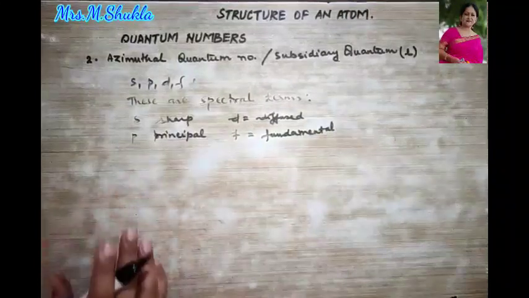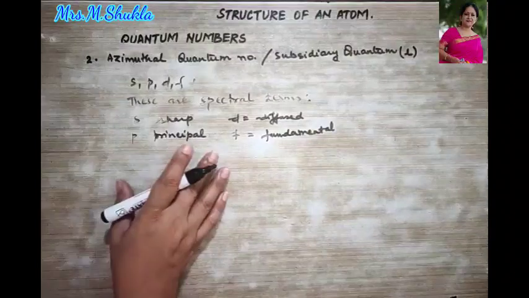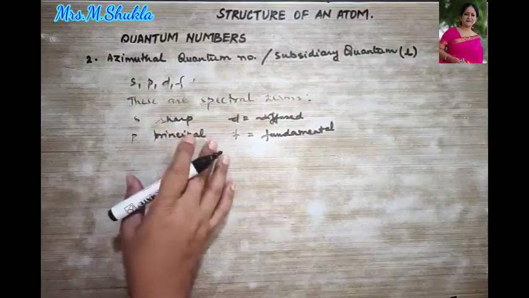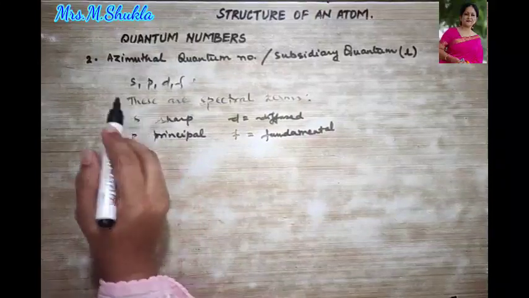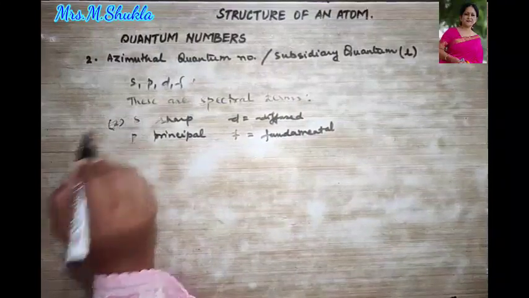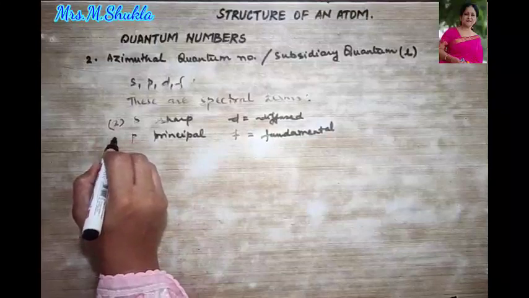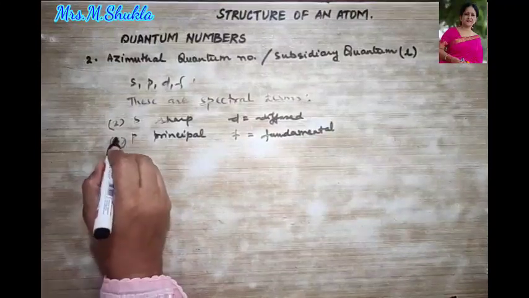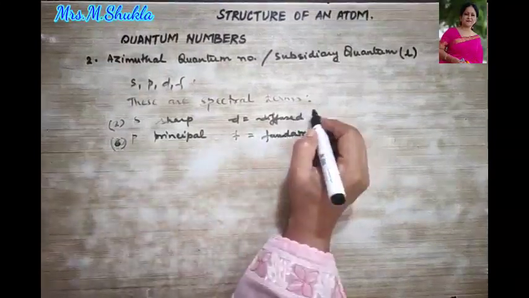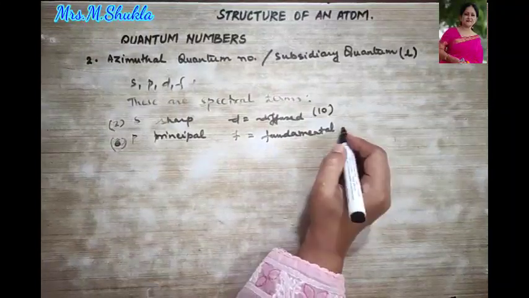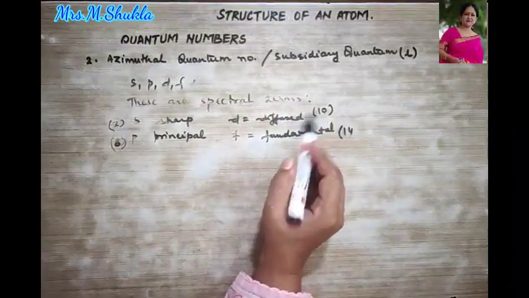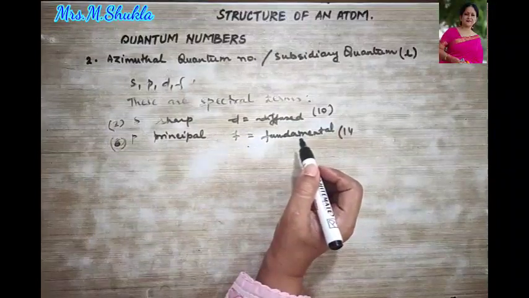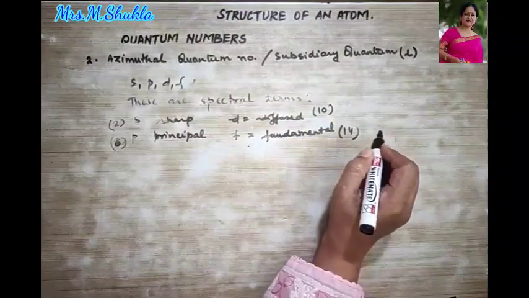Okay, so the maximum number of electrons that can be accommodated in the s, p, d and f subshells: s can accommodate only 2, p can accommodate 6, d can accommodate 10 and f can accommodate 14 electrons.